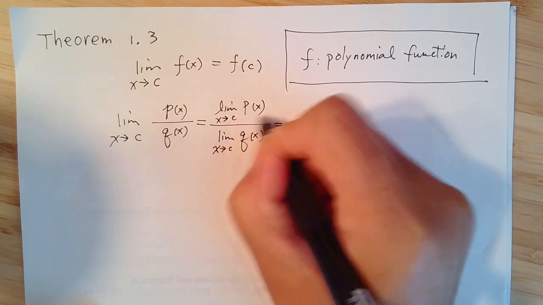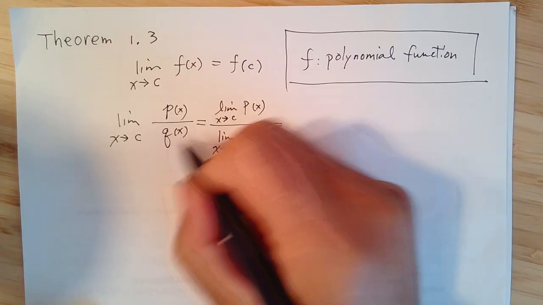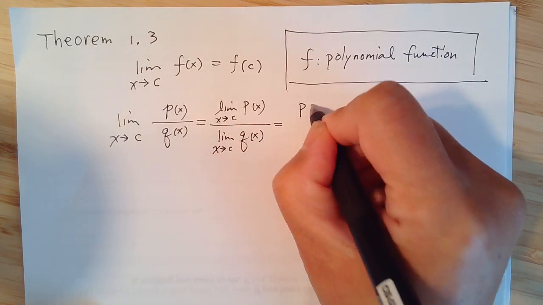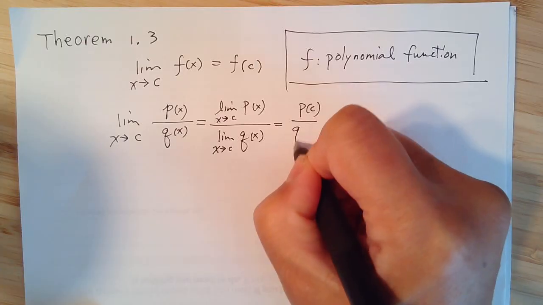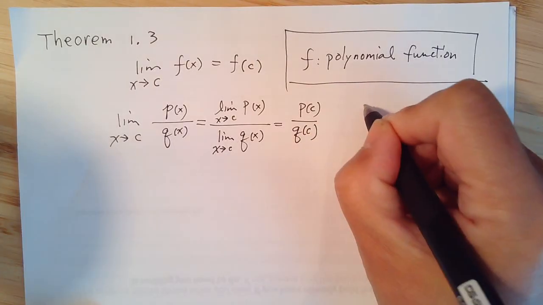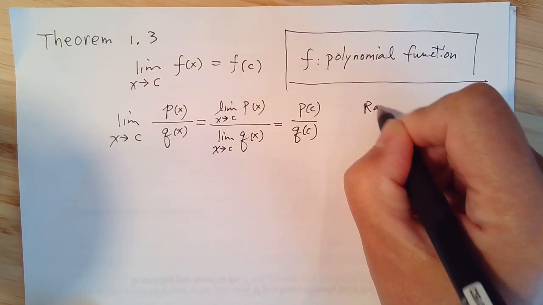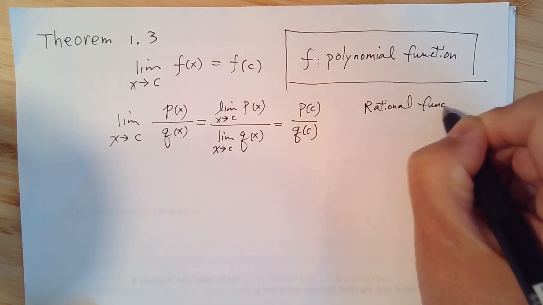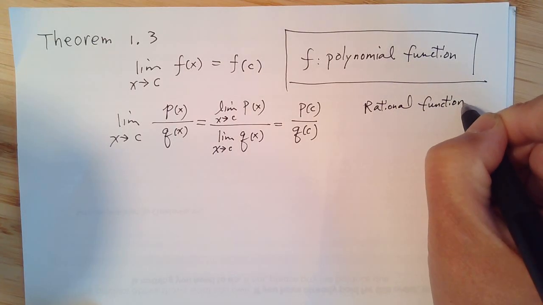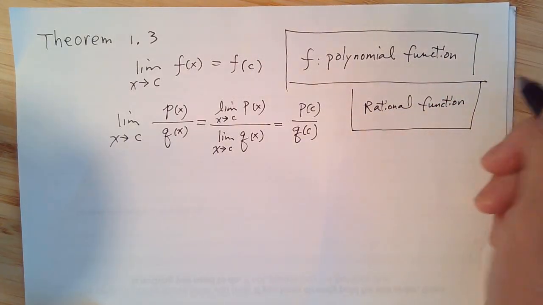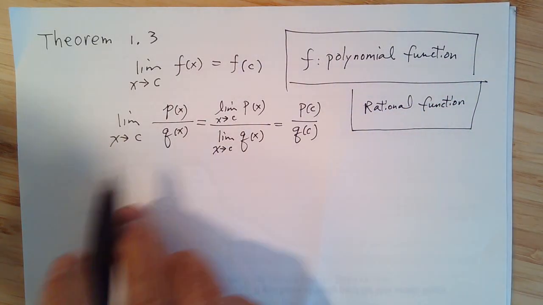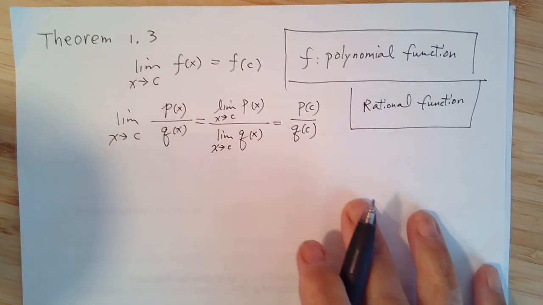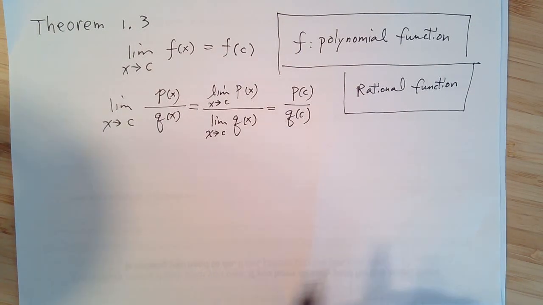Because both are polynomials, this is a rational function, so you're going to have P of c over Q of c. This is for the rational function. It looks like a fraction, and both the numerator and denominator are polynomials. So this is 1.3. I think I should give you one example.